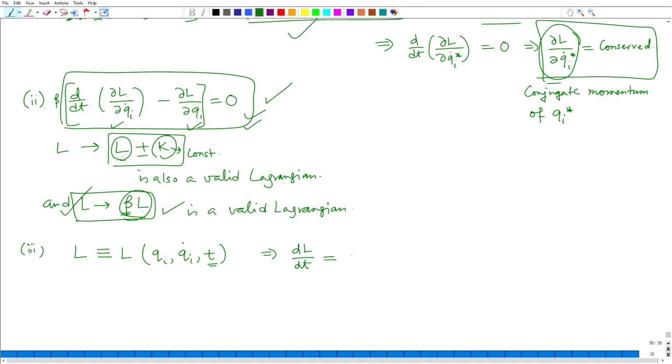So, dL dt is actually del L del t plus del L del qi dqi dt plus del L del qi dot dqi dot dt.